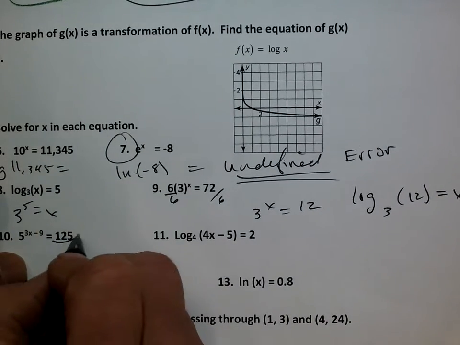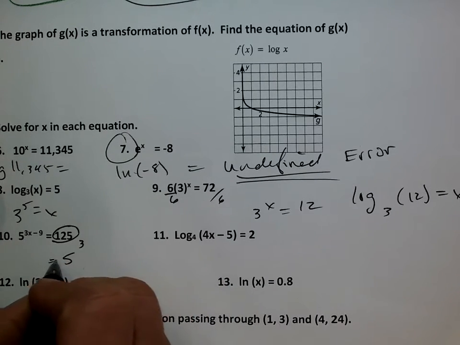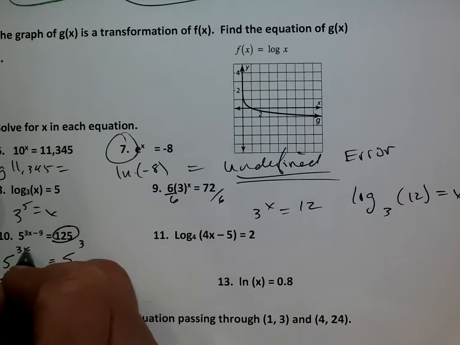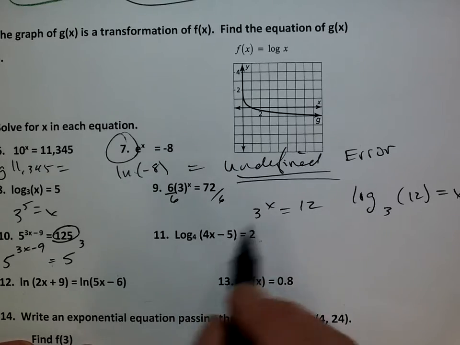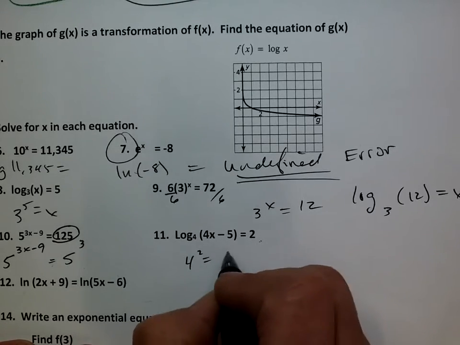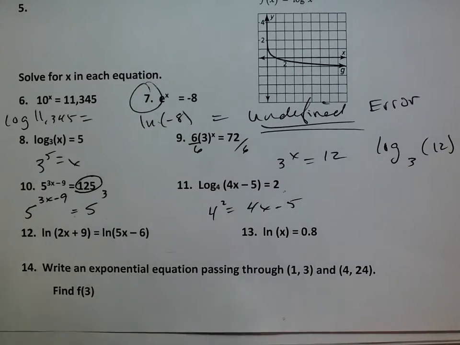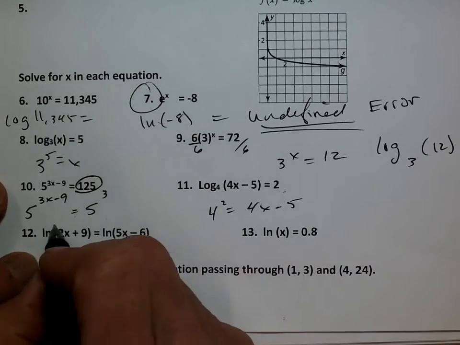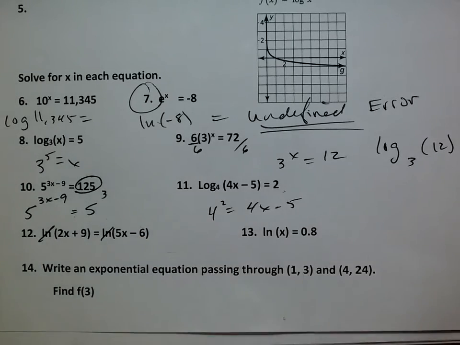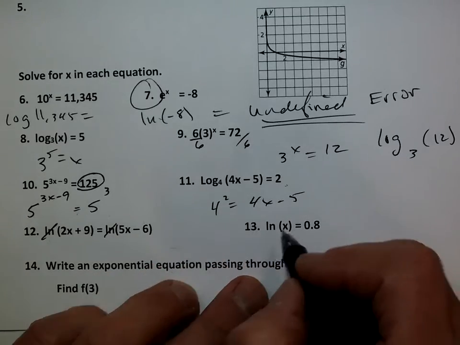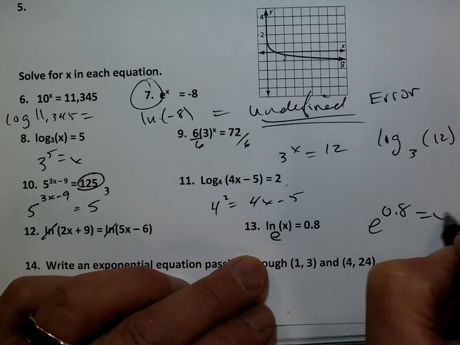Number 10, I'm going to change this to the same base, to the 5 to the 3rd, and I'll let you guys finish that as part of the assignment. Number 11, I'll go 4 to the 2nd power, 4 to the 2 equals 4x minus 5, 16, and solve for x. Number 12, since they both are natural log, they have the same base, so I'll just solve 2x plus 9 equals 5x minus 6. Number 13, there's an invisible base called e, and I'll just go e to the 0.8 equals x.